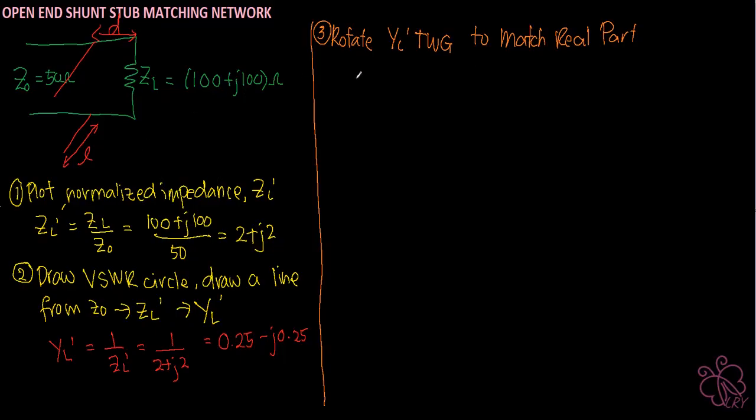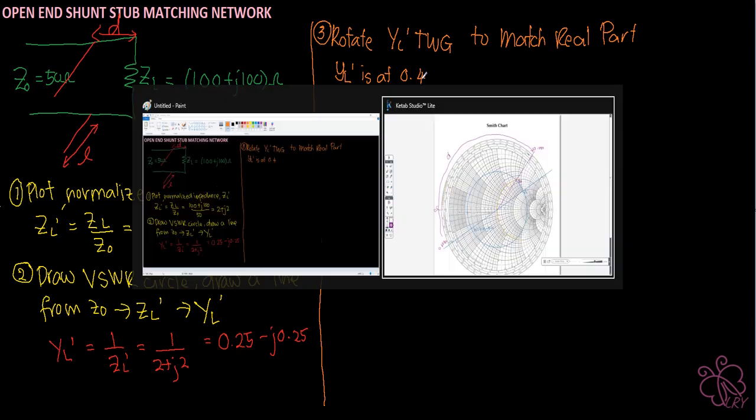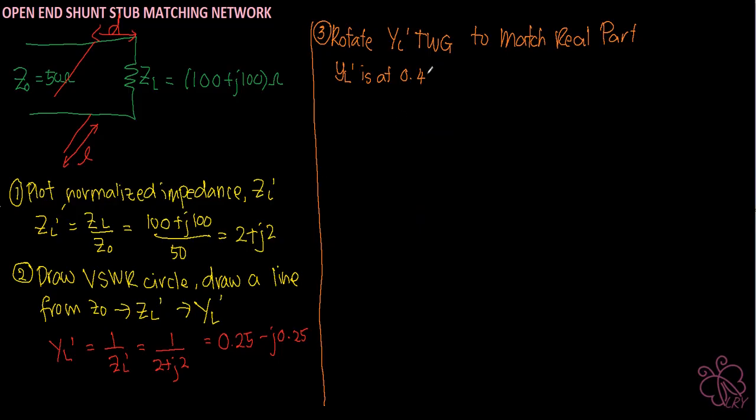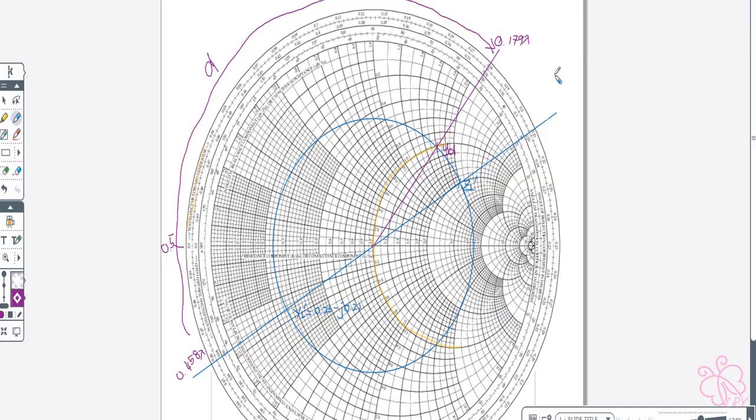Okay, so rotate. Just now we mentioned YL prime is at 0.458 lambda, and our YD is at 0.179 lambda.